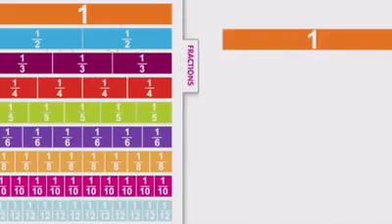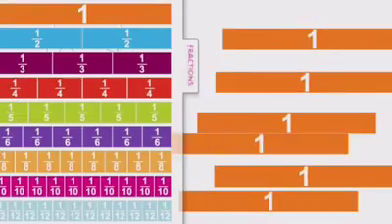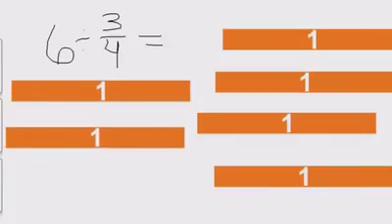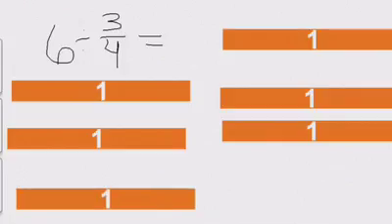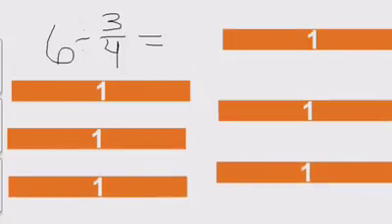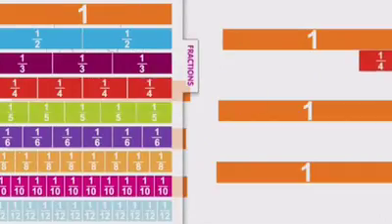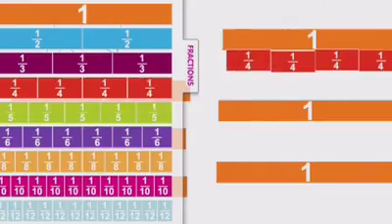I'm going to go ahead and write 6 divided by 3/4. Okay, we're going to start by modeling our 6. And we're dividing it by 3/4, so we're going to use our 1/4 pieces. Remember that you should have 4 pieces for each whole number 1.